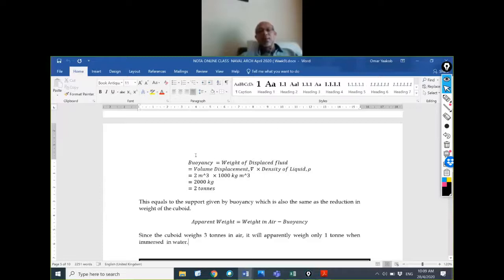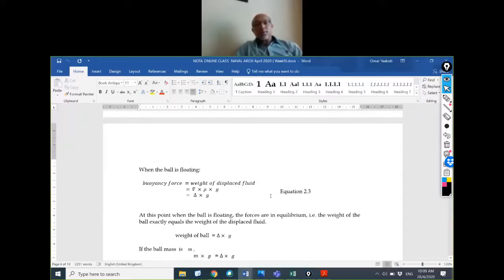There's no excuse for you not to remember this: the buoyancy of a floating object is the same as the weight of the displaced fluid, which is equal to the weight of the floating object itself.